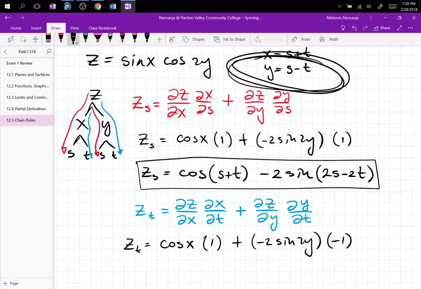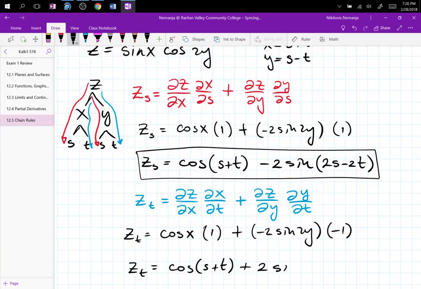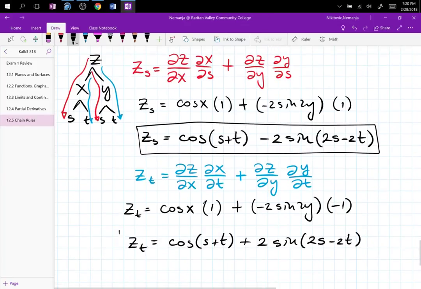The derivative of negative t is negative 1. So now zt is equal to cosine x, which is s plus t, so cosine of s plus t. Minus and minus gives you a plus, so it's plus 2 times sine of 2s minus 2t. And that's the end of it.